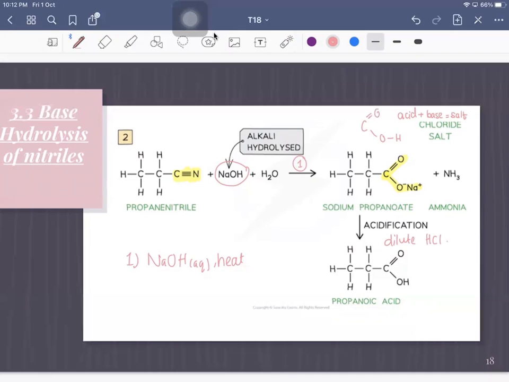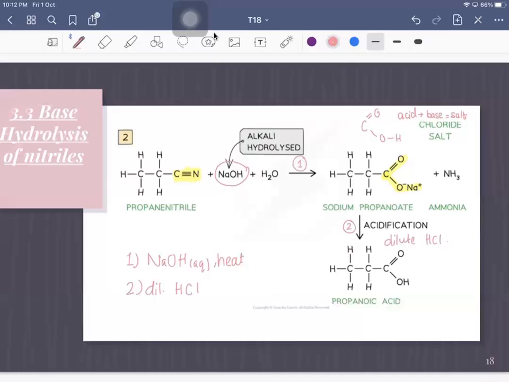If you want to produce carboxylic acid, you cannot just stop at the first part because all you will get is a salt. The second reagent you need is dilute HCl. It is important that you number them 1 and 2 and you don't mix them all together.